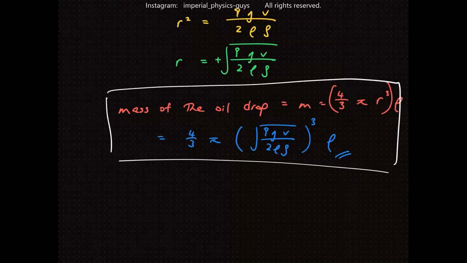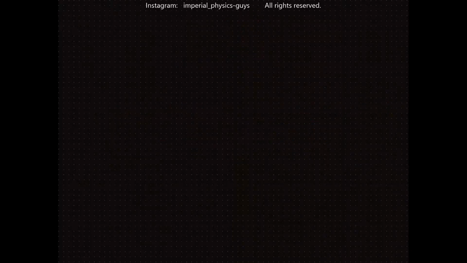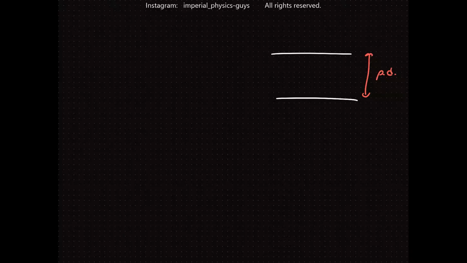And to work out the charge, I'll have to consider applying a potential difference across the parallel plates. Now, if I apply some sort of electric field, of course, by applying a potential difference between the plates, where I have my positive plate at the top and negative plate at the bottom, and I have my negative oil drop, then of course naturally this will be attracted to the positive plate.